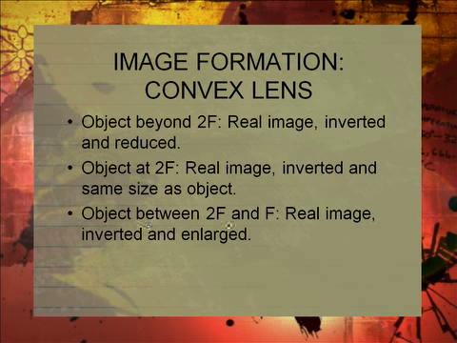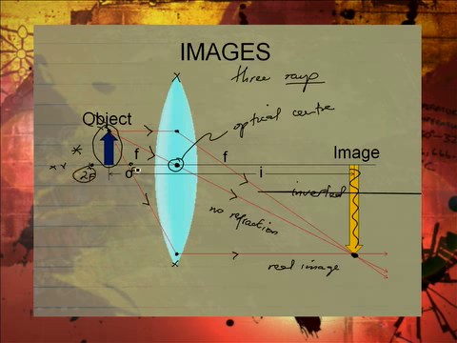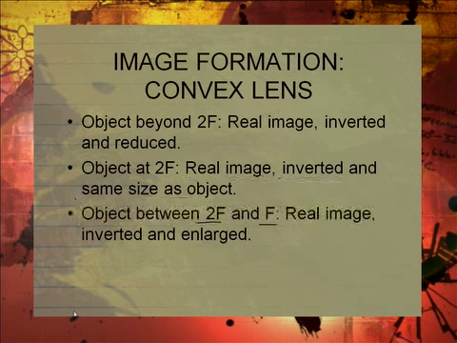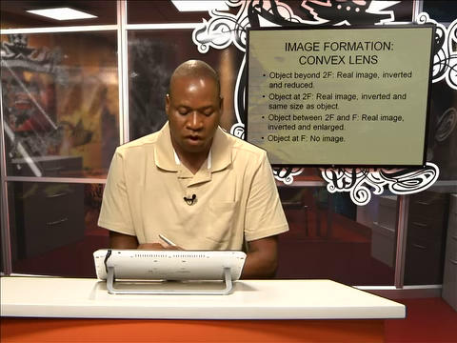Next, object between 2f and f, which is actually the case that we have here. With the object there, you would have a real image, inverted and enlarged. The size of the image in this case becomes bigger than the size of the object.